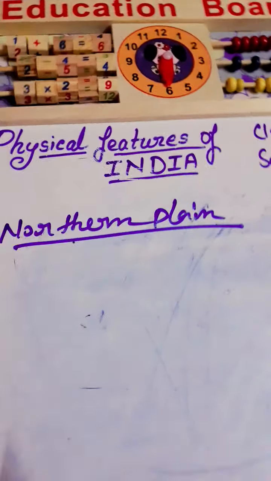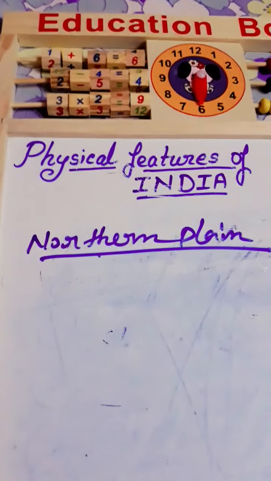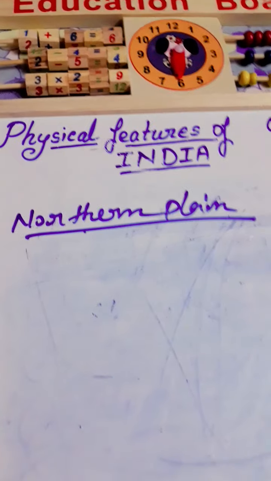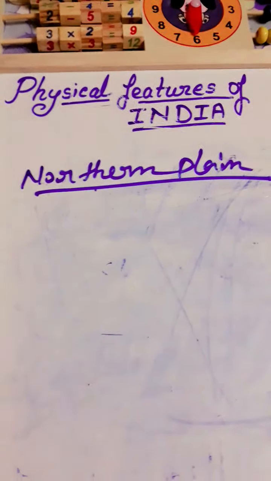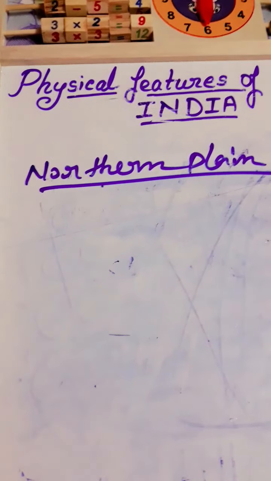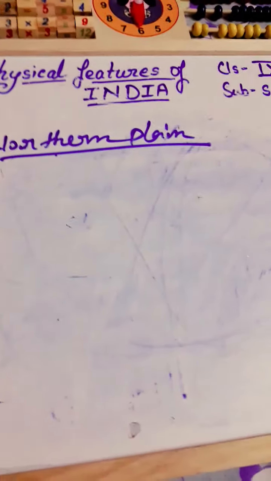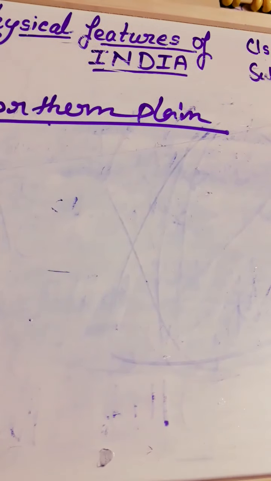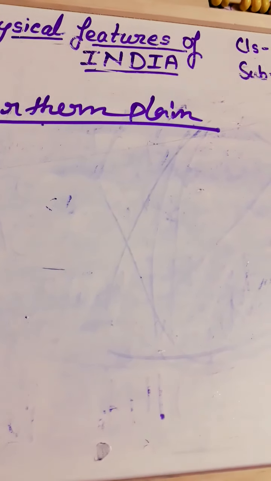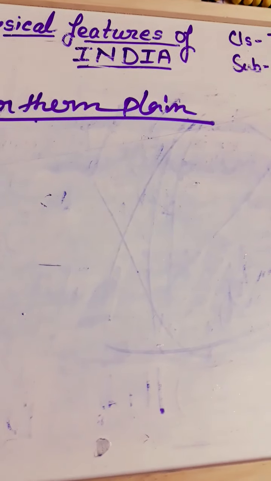Because you already have that idea. When the rivers come from the Himalayan mountain, they carry sediments. When the sediments gather in that area, the northern plain is formed by the interplay of the major rivers.